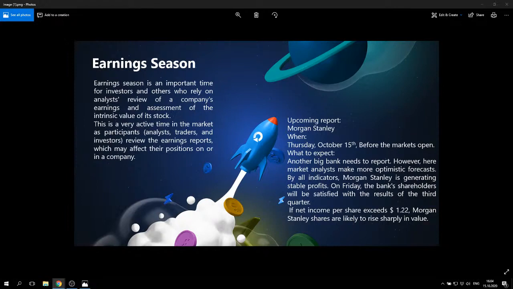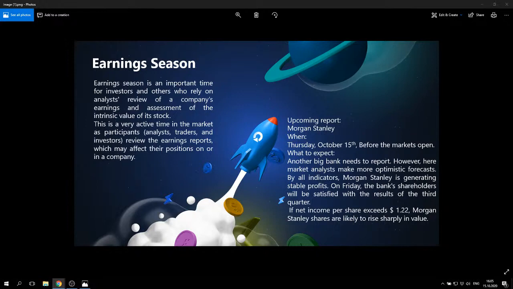And related to the corporate sector, we have Morgan Stanley. If you have recently seen the news, Morgan Stanley released their third quarter profit, and it jumped up to 26%. This is something very optimistic for all our investors, right?